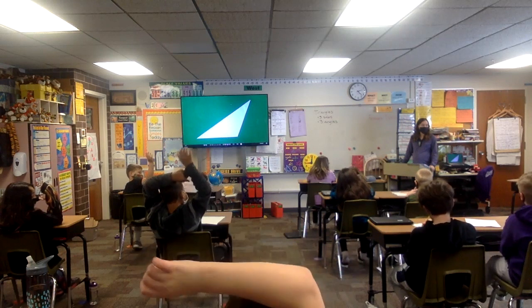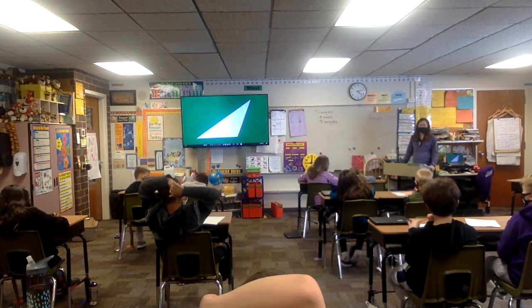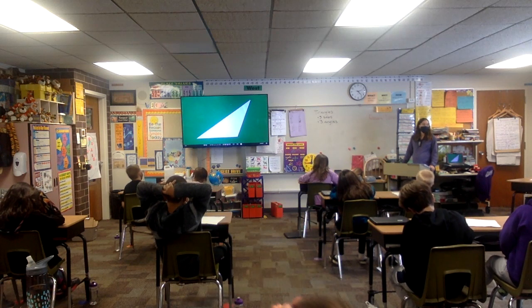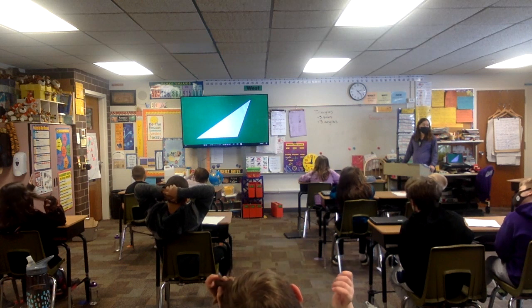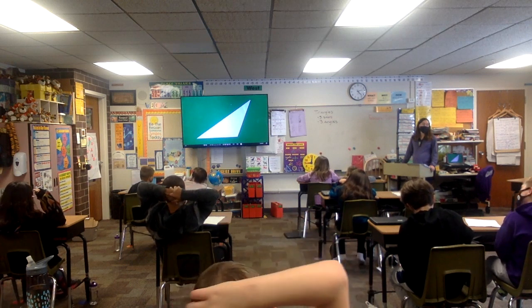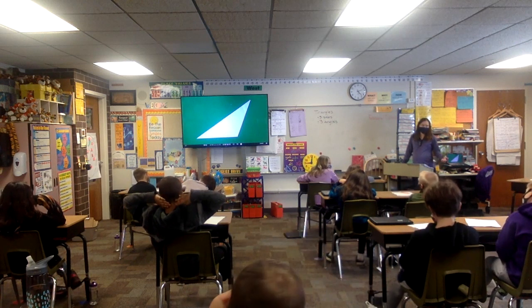Sophie? I think it's scaling because if you bend your head a little, the long one is easy to see, but the bottom is smaller, and up here it's really long. Interesting. So she thinks maybe scaling.